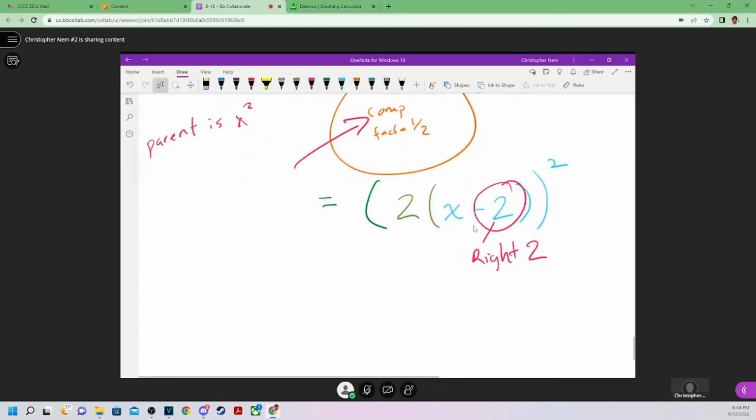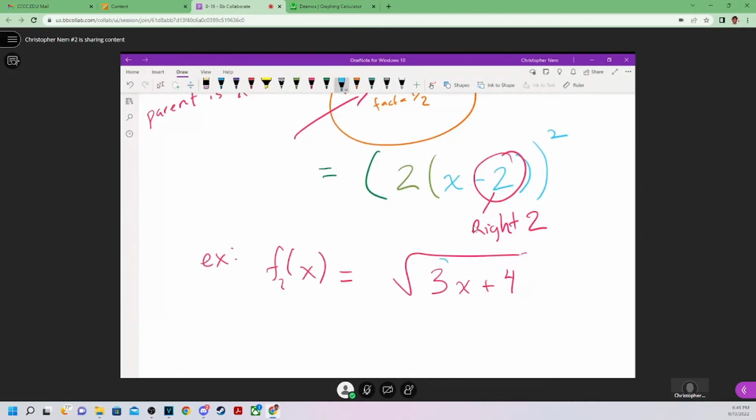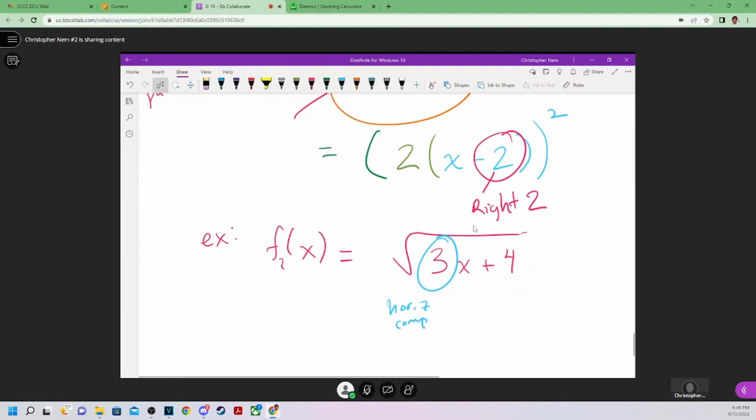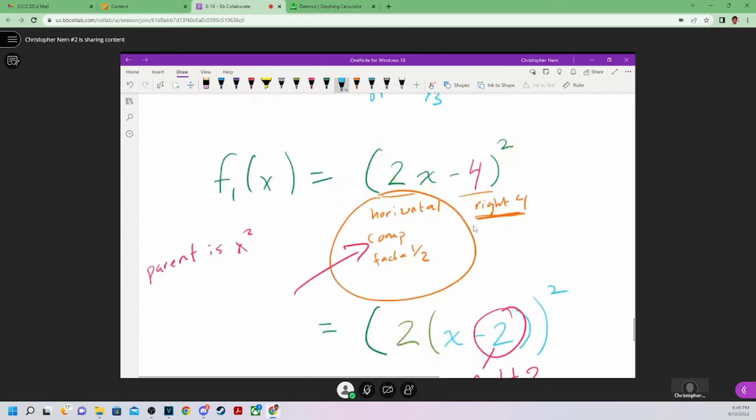So let's take another example just to be sure. Let's say I have f of x equals square root of 3x plus 4. This means right here we're going to have a horizontal compression of factor 1/3.